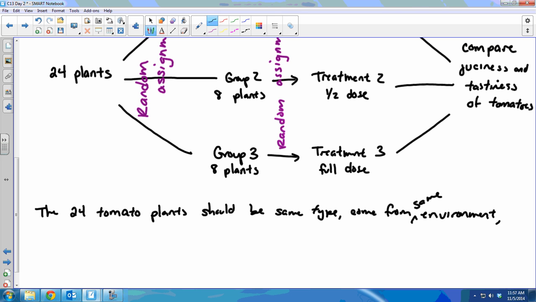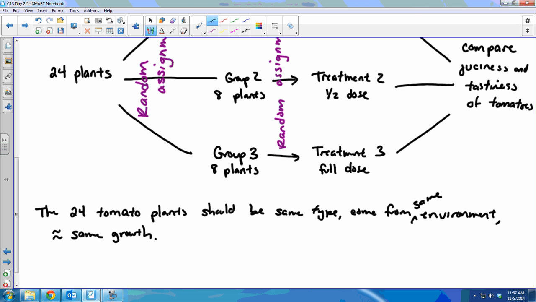Should be approximately the same height or same growth, right? You want to start out with 24 tomato plants that are as the same as possible, right?